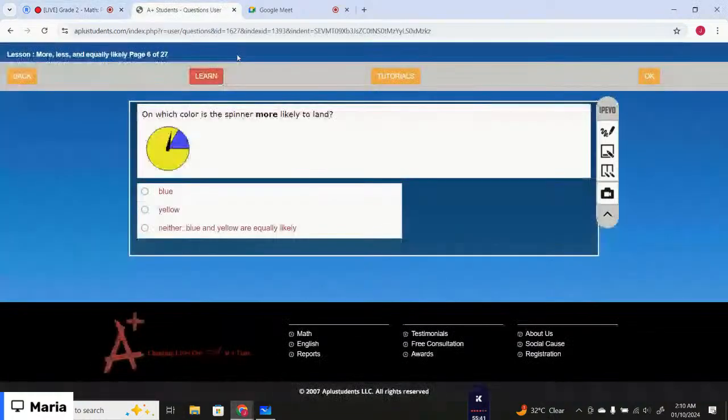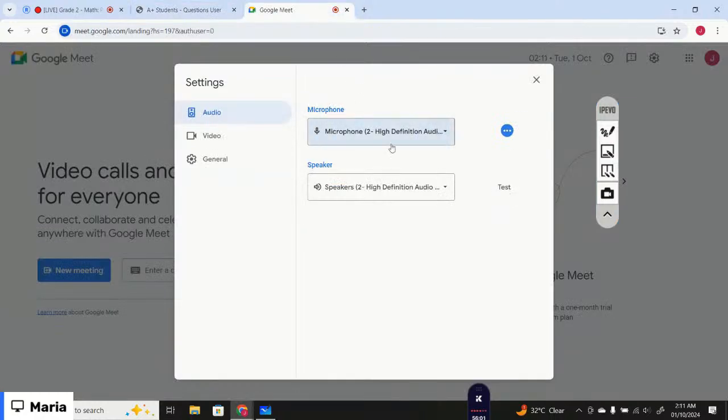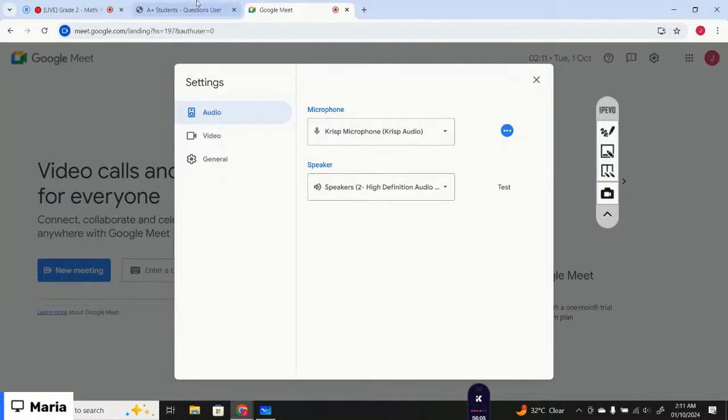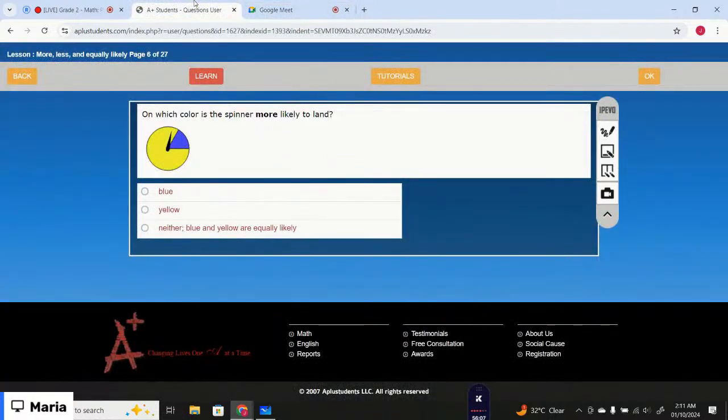The next one is, on which color is the spinner more likely to land? So which is the correct option? You can see most of the portion is yellow, the smaller portion is blue, so it will more likely land on yellow, right?